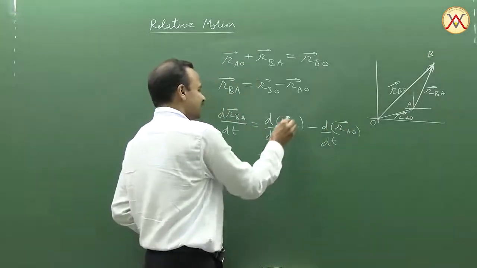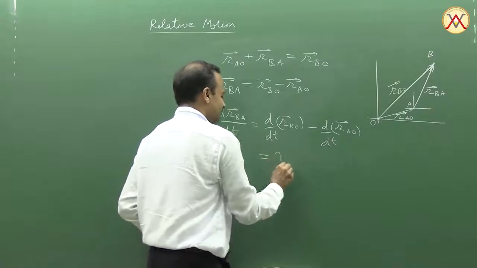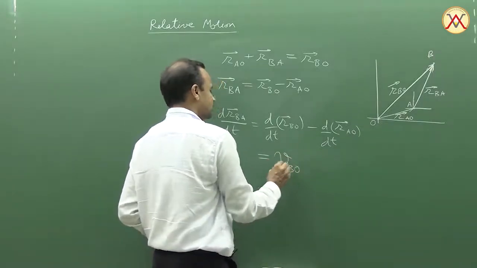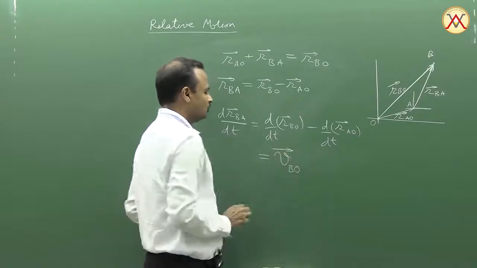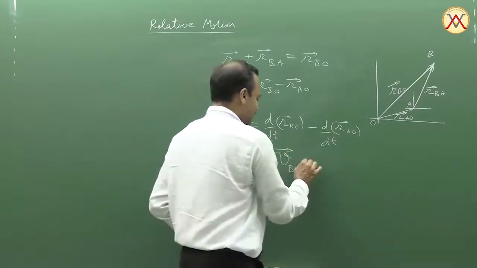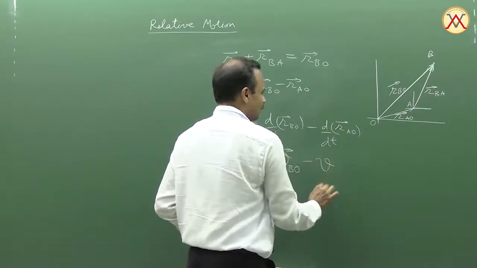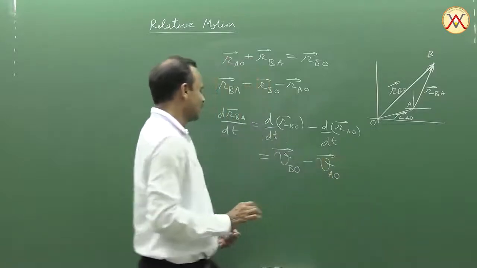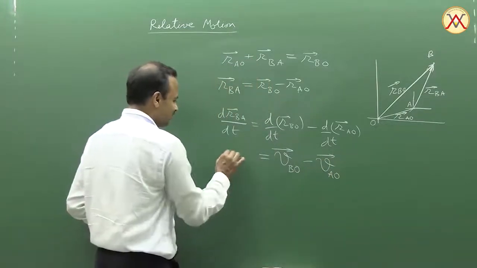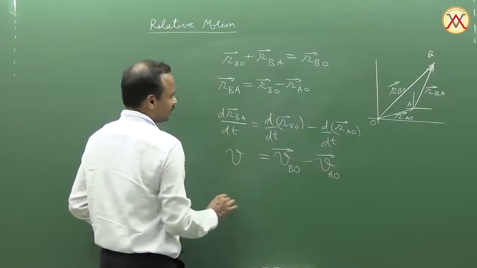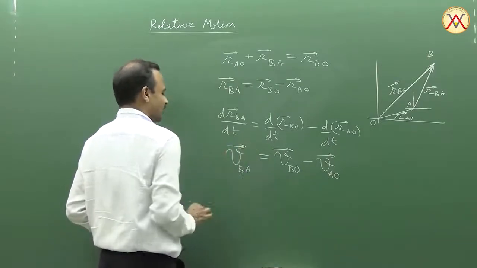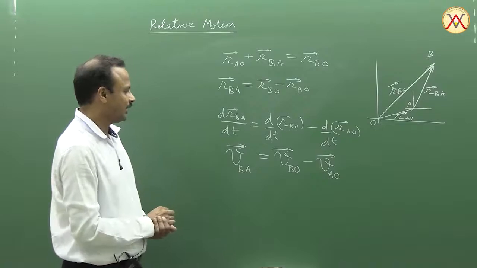So this here is the velocity of particle B as observed by O, V_BO vector. This one here is the velocity of A as observed by O, and this one is the velocity of B relative to A, or as observed by A.